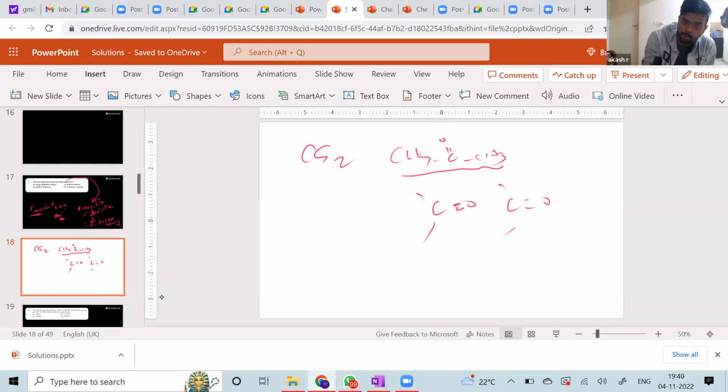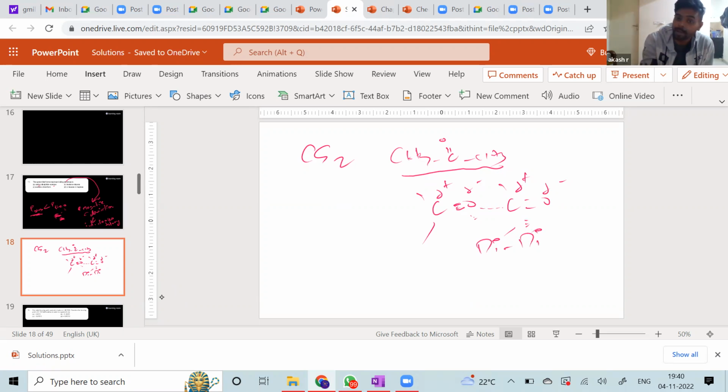Now we know that this bond is going to be highly polar. So this is going to have a del plus, this a del minus, this a del plus, this a del minus. Now you see the del minus of one oxygen and the del plus of the next carbon is going to have some interaction. This is what is called your dipole-dipole interaction.